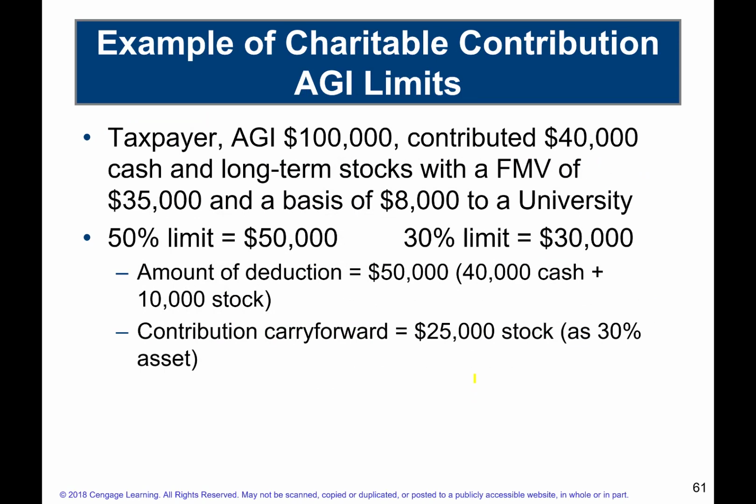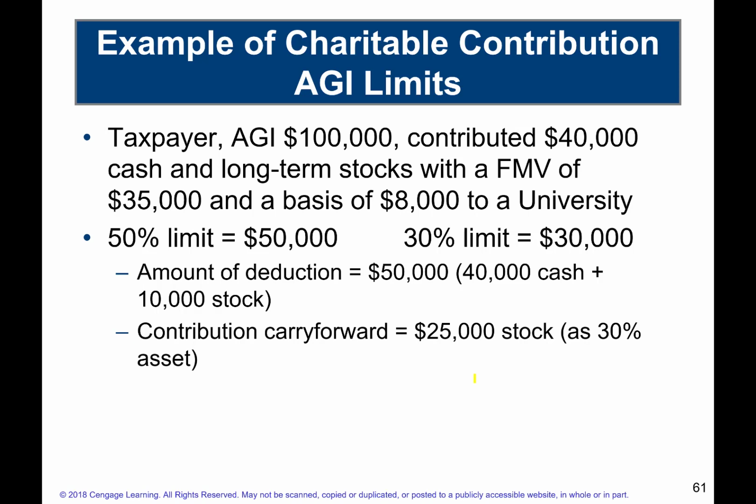Okay. Taxpayer AGI is 100,000, contributed 40,000 of cash and long-term stocks with a fair market value of 35 and a basis of 8 to a university. He can use the fair value because it's to a public entity.